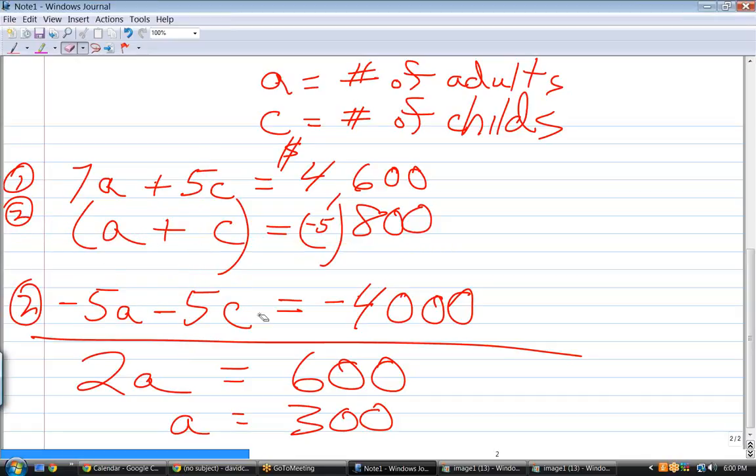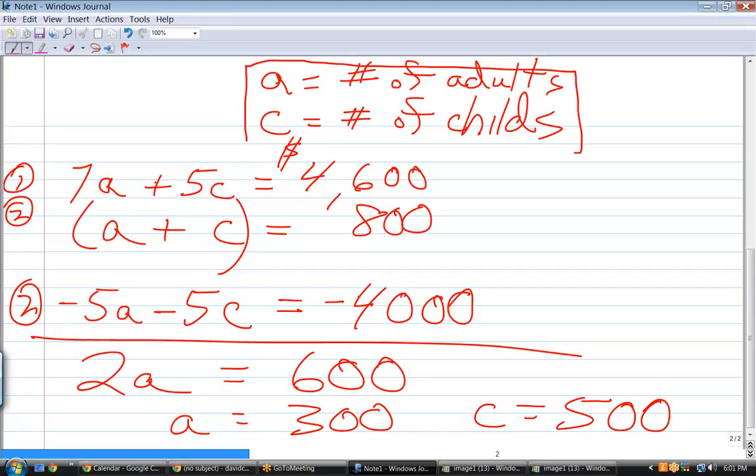Which one would you use? A plus C equals 800. So what's C? C is 500. There's your answer.